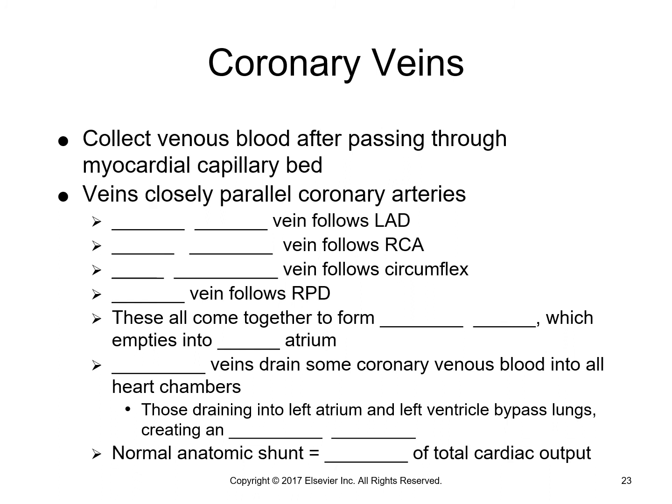And then these all come together to form the coronary sinus, which empties into where? The right atrium. So they all come together to form the coronary sinus, which empties into the right atrium.